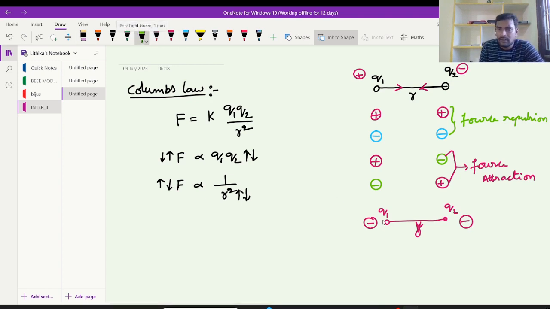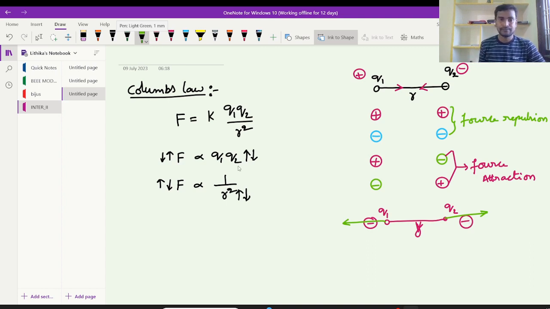Then the force exerted by Q2 on Q1 will be in this direction, and the force exerted by Q1 on Q2 will be in the opposite direction. The force is a vector quantity, but for this class we confine our attention only to scalar. We are only considering magnitude in this video.